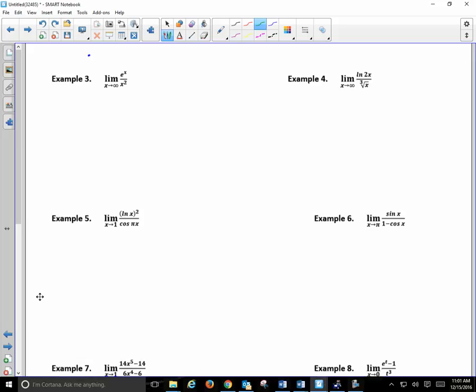I don't hear anything. E to the infinity is? Infinity squared is? Oh no, I can't do infinity over infinity. Let me invoke L'Hopital. What do I get? E to the x over 2x. Do what it says, the derivative of e to the x is e to the x. Isn't that wonderful?